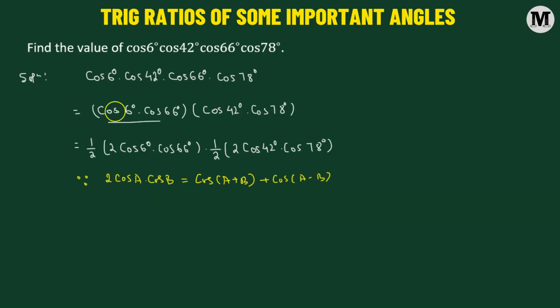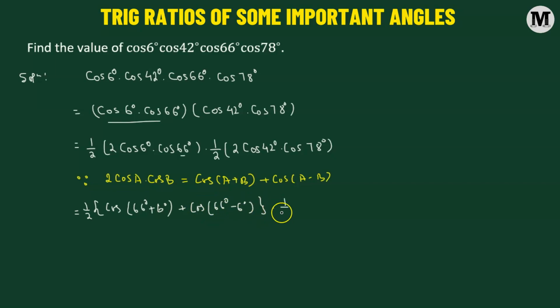So let's apply this particular formula. So we should get half multiplied to cosine of the angle. Here we will suppose A to be 66 degrees and B to be 6 degrees, such that we get 66 degrees added to 6 degrees. We can go the other way around as well, but this will be easier to compute. We have cosine of 66 degrees minus 6 degrees.